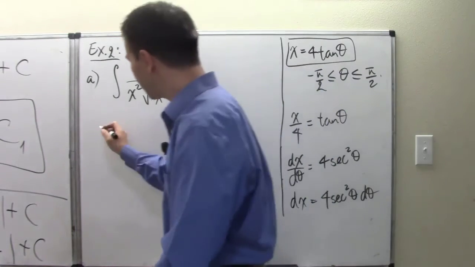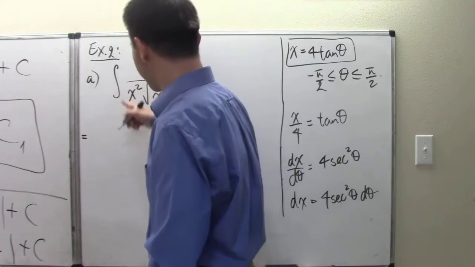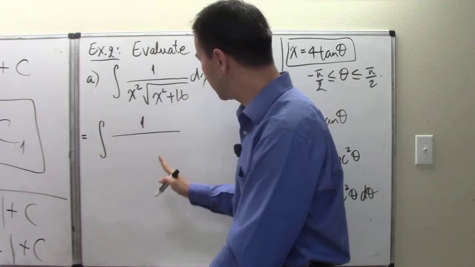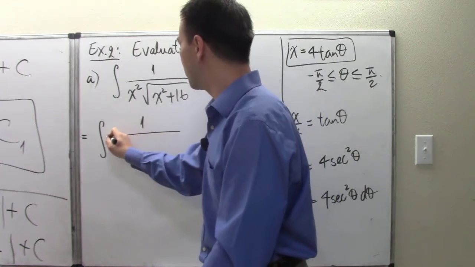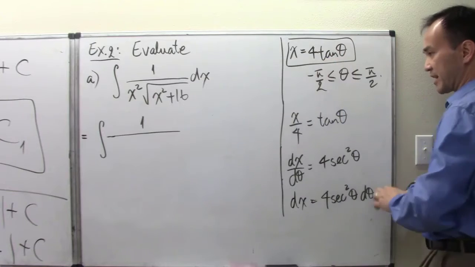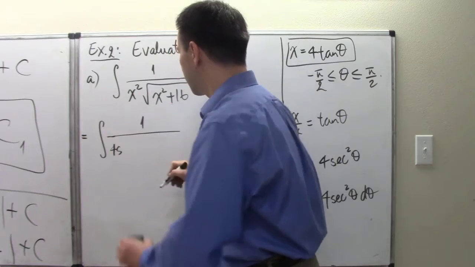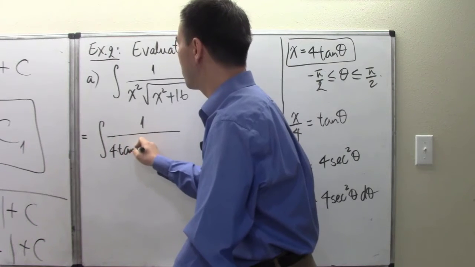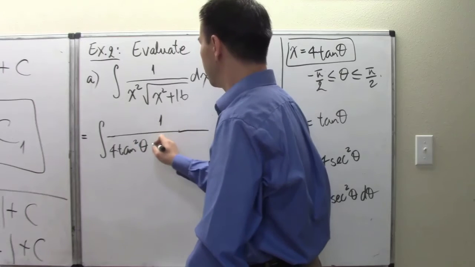So now this is how I can do the substitution for my problem. It's a 1 over, and I'm just doing the substitution. This has nothing to do with the antiderivative yet. So 1 over x squared, where x is defined as 4 times tangent theta. So that x squared in the denominator is really 4 times tangent squared, so we're looking at 4 times tangent squared of theta, and then I need to extend my fraction bar here.